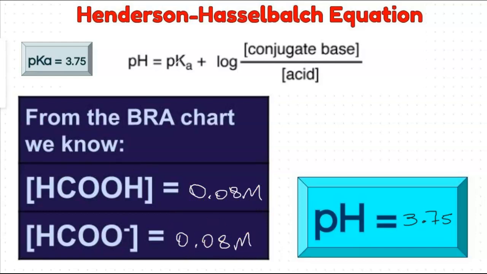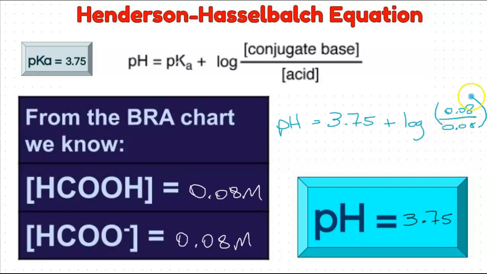So if you plug it into the equation, your pH is equal to pKa of 3.75 plus the log of 0.08 over 0.08. Well, 0.08 divided by 0.08 is a 1, and the log of 1 is 0, so your pH equals 3.75. So that's nice to know at your half equivalence. You can show the math to justify choosing the pKa value, or you can explain it with words.